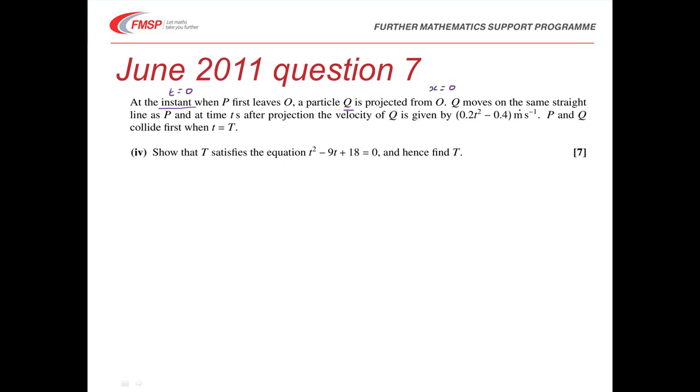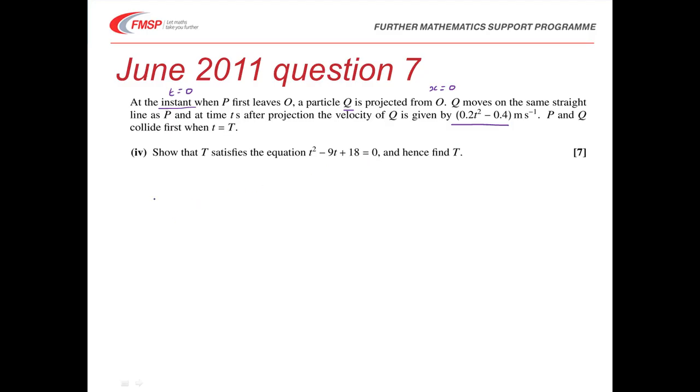That's significant. And it moves on the same straight line as p. Well, there's going to be a collision. We've got something here about velocity, but they're going to collide when they're at the same distance from the origin. They're both at the same point. So I'm given velocity and I need to find out the distance.